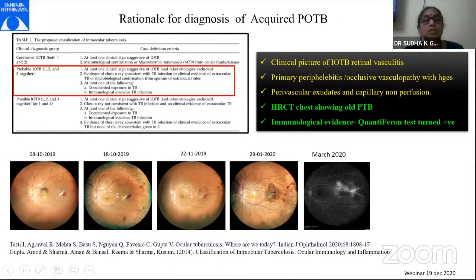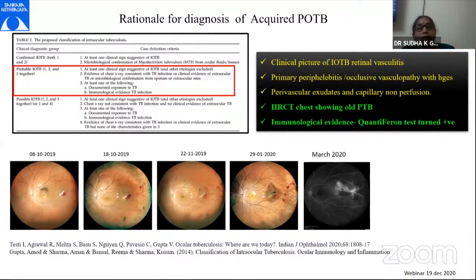So here, just to sum up this case, this was a young doctor who had a retinal vasculitis, which was not responding to infliximab as well as steroids. He was already diagnosed to have HLA-B27 positive ankylosing spondylitis as well as irritable bowel disease.